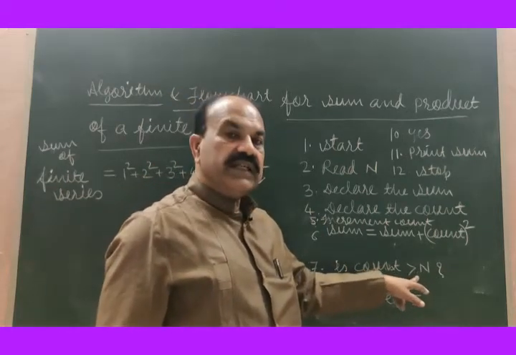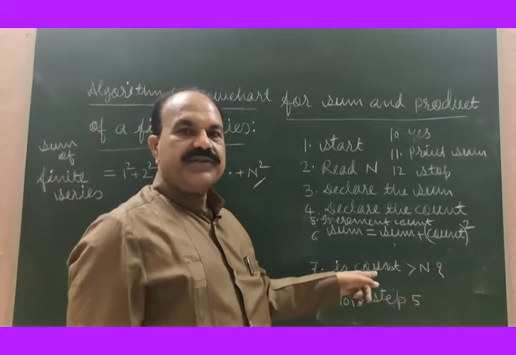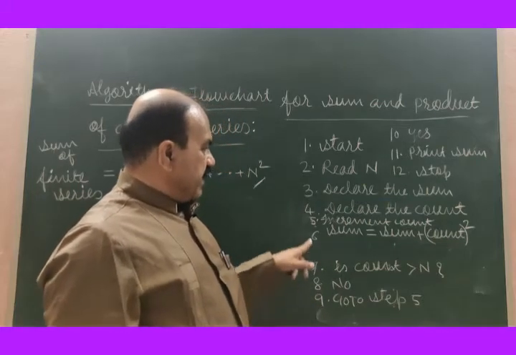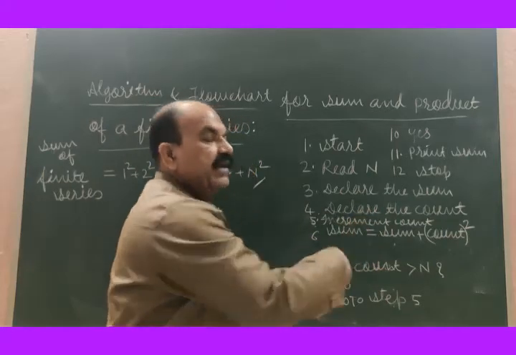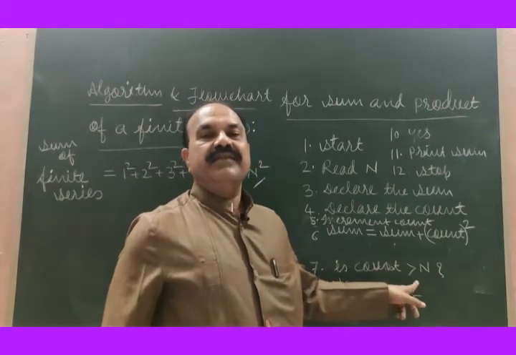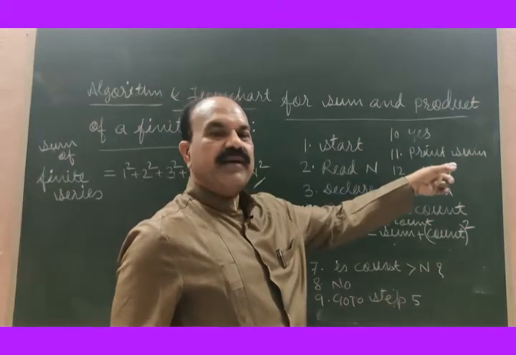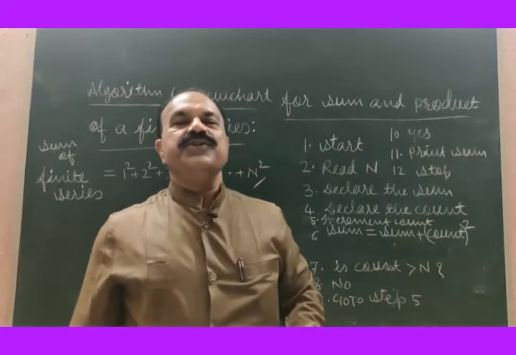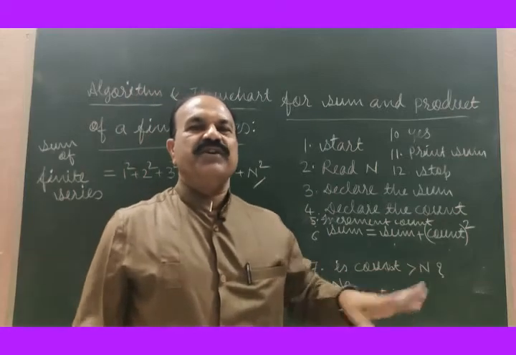Is count greater than n? If the answer is no, go to step 5 and repeat it. A loop will be there, repeated between step 9 and step 5. These steps will be repeated till count becomes greater than n. When count becomes greater than n, print the sum. Your work is over. Print the sum and stop the program execution.